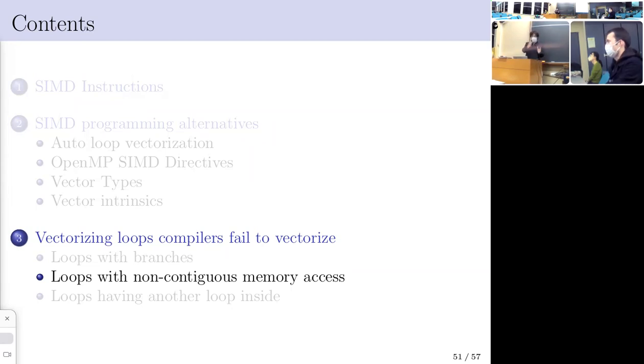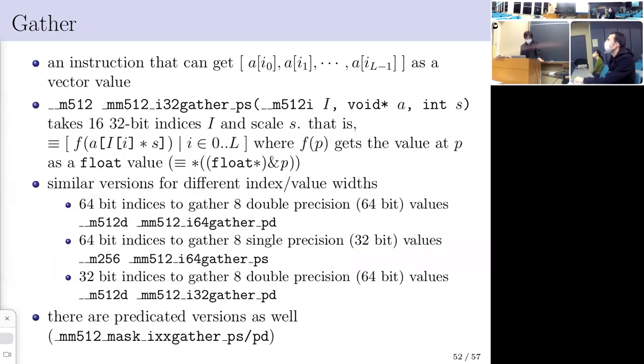For consecutive iterations, i plus 1, i plus 2, i plus 3, they access non-consecutive elements. This cannot be simply done by a vectorized load instruction.